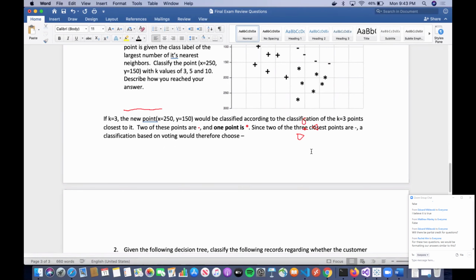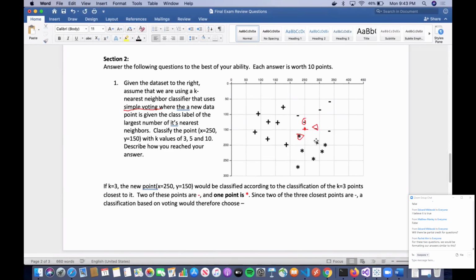So does that make sense? I need some feedback, folks, so we can try to get out of here. So Matthew is saying, for this, we would redo the formula 3 times for the k value.